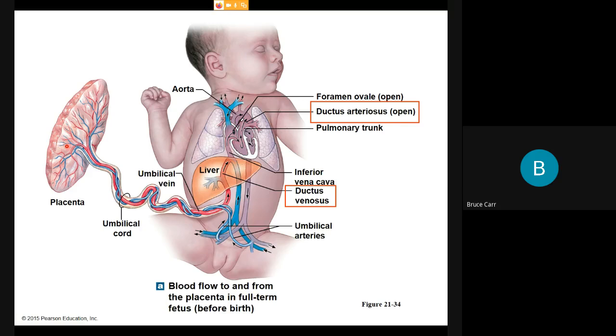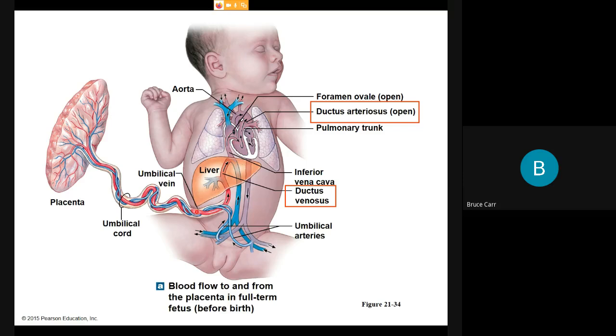There is an exchange zone where the mother dumps oxygen and nutrients into this space. They are absorbed by the flowing blood of the capillaries of the placenta and directed down this umbilical cord into the fetal body. Now this red vessel that is carrying that material is carrying it toward the baby's heart.